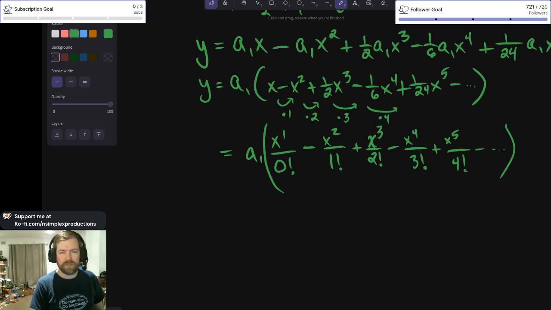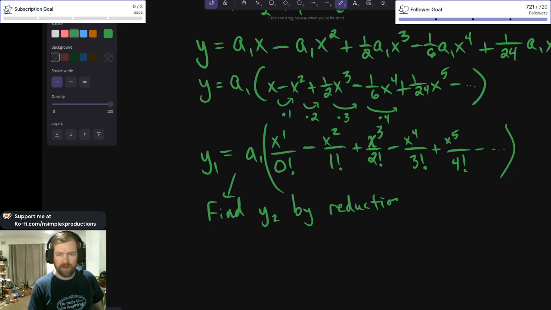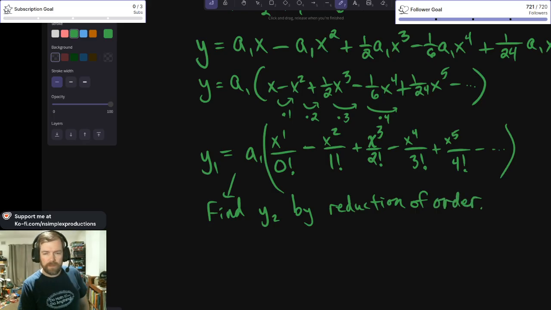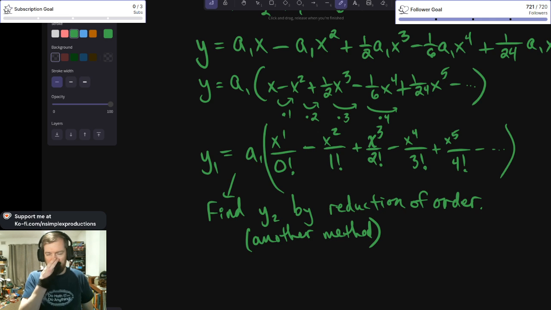Right, so this is only y1, and then the book I'm using says find y2 by reduction of order. Or like just literally another method. So the issue I think is that this is just not the way I was expecting it to go, but it's fine.